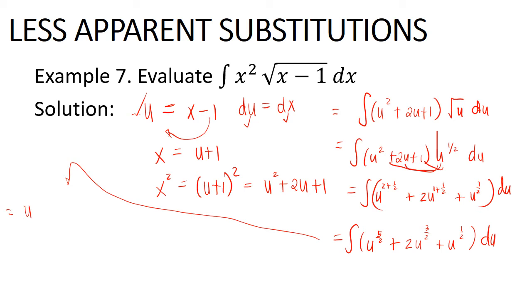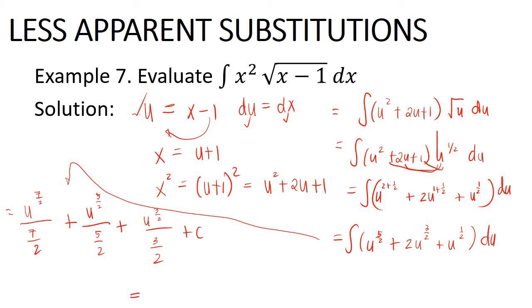Dagdagan lang natin ng 1 yung 5/2. So, makukuha natin 7/2 all over 7/2. Kung hindi ka pa sure, i-calculator mo na lang yung 5/2 plus 1. Plus, u raised to 5/2 all over 5/2, plus u raised to 1/2 becomes u raised to 3/2 all over 3/2, plus c.